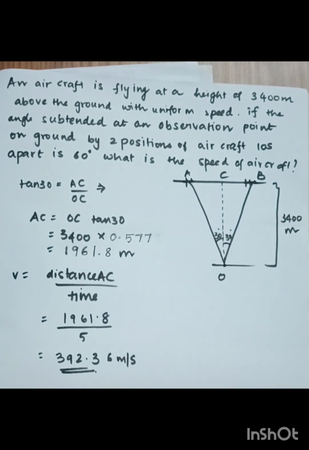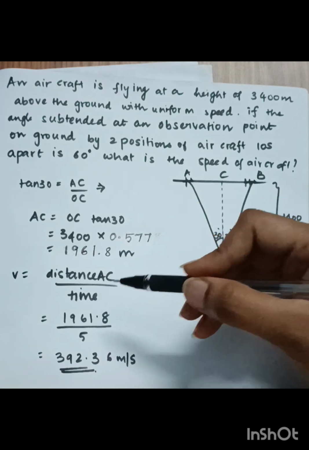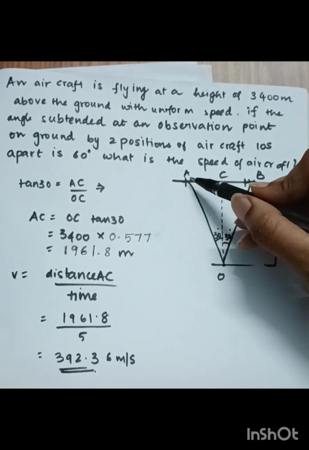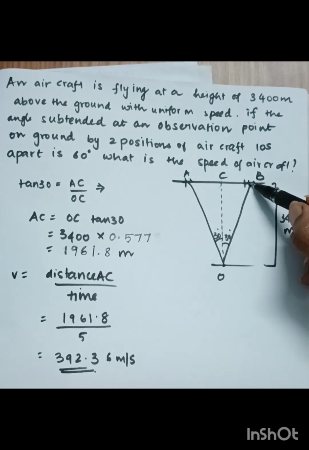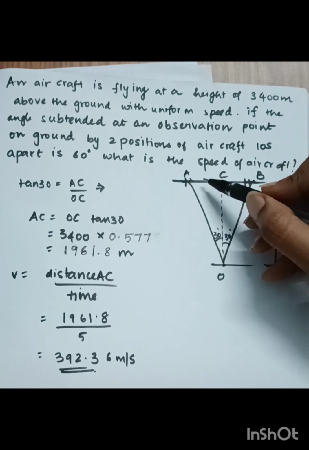Now we are asked to find velocity. So what will be the velocity? Velocity equals distance by time. Here there is no acceleration, so it is just distance by time. So we are taking this distance. If the total time from A to B is 10 seconds, then the time to reach C will be half of it, that is 5 seconds.